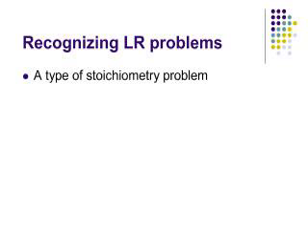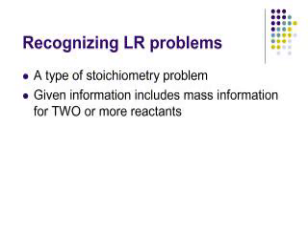All right. The key really to successfully completing these problems is to be able to recognize when you have a limiting reactant situation. Now, these are stoichiometry problems, and so the key here is really factor label. You've got to be able to do it. But in terms of recognizing it, this is really the heart of the issue.